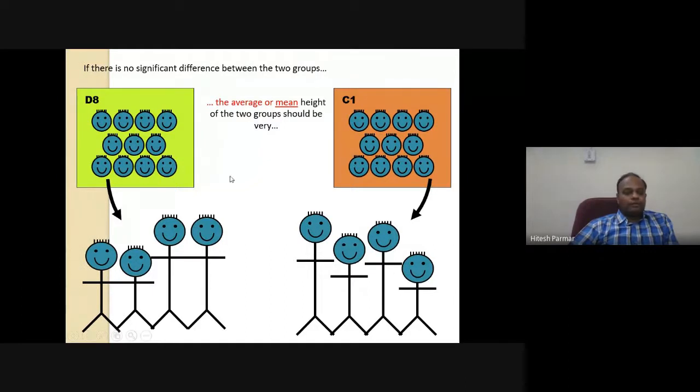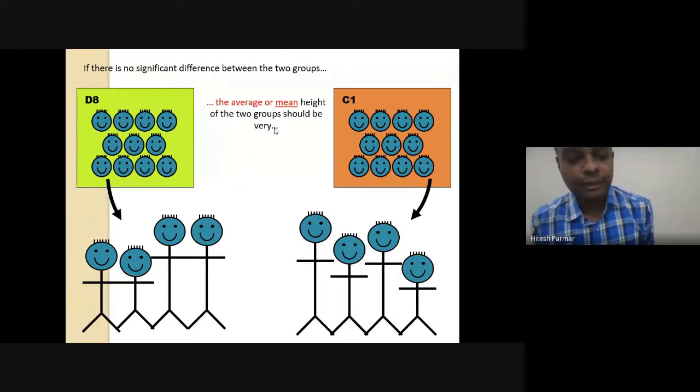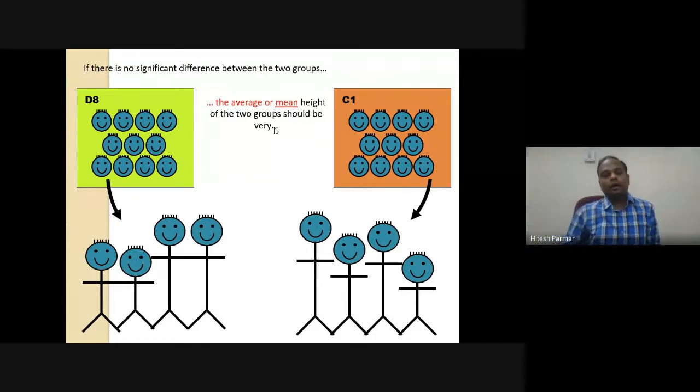And always we are comparing two groups of mean in t-test. So whenever in your research, if your agenda is to compare two groups, then your answer is t-test. Whenever in your research, if you wish to compare two groups of mean, then your answer will be t-test.